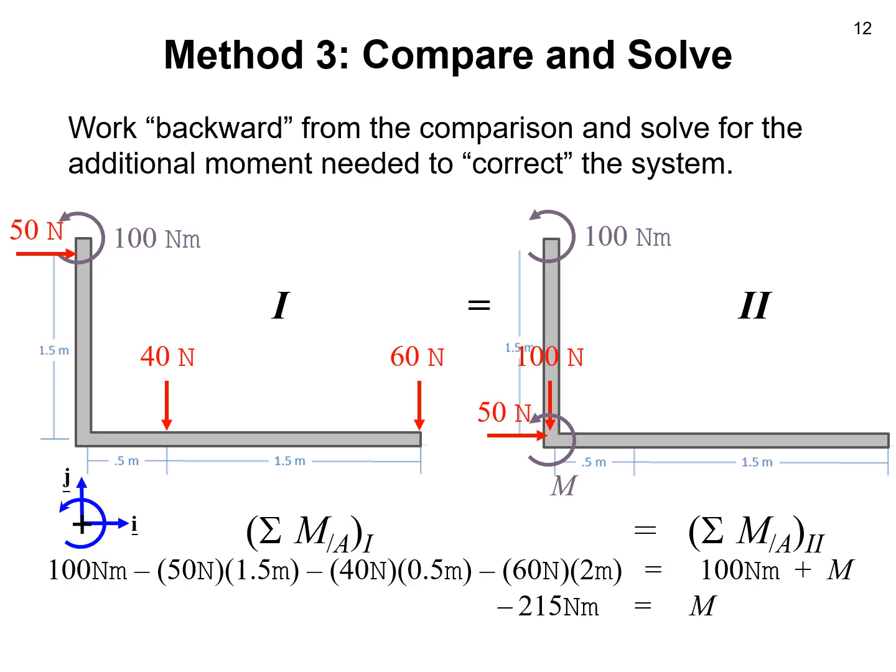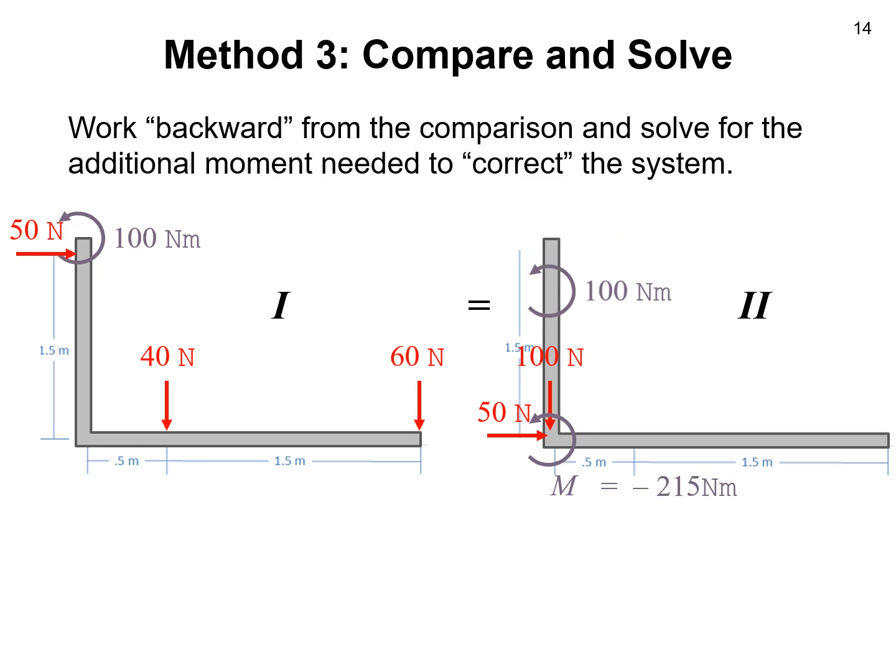Now you might say, well, wait a minute, the last answer was 115, but remember, this is now the value of M. I'm now going to combine that M with the given 100 Newton meters. And when I combine those, the total result is 115 Newton meters clockwise as we had before.